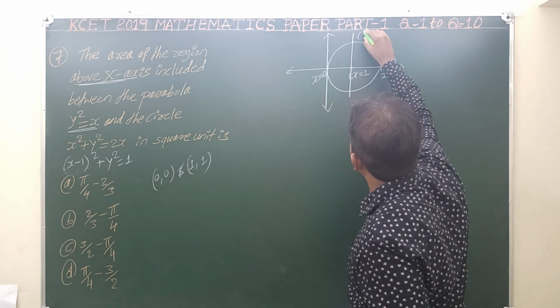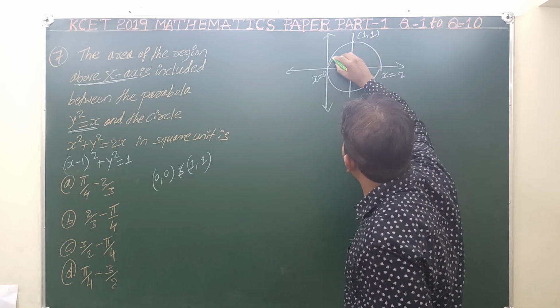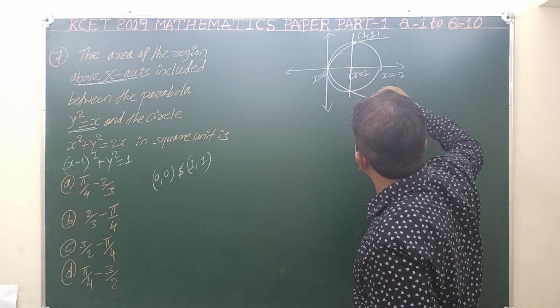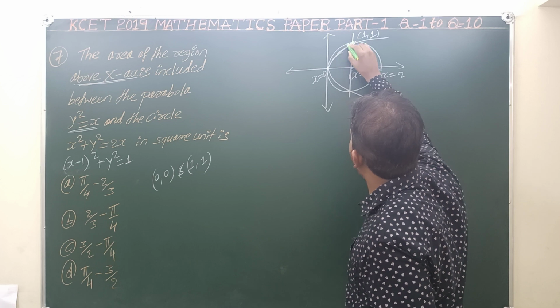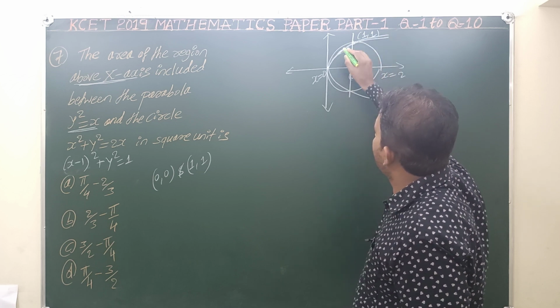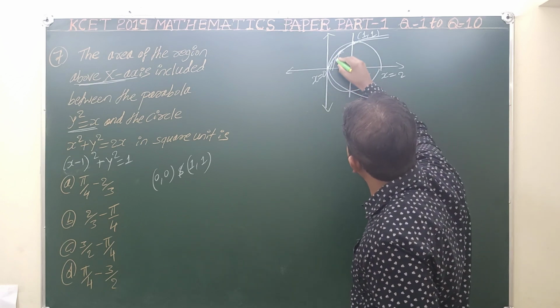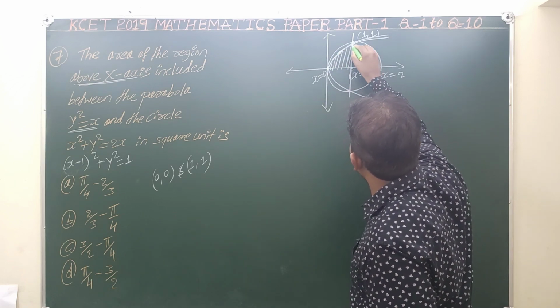This is (1, 1). The parabola opens in the positive x-axis direction. So in this case we find the area between the two curves, the circle and the parabola, this and this.